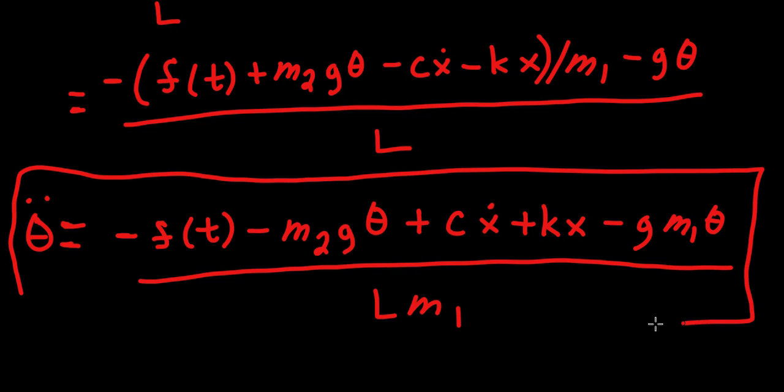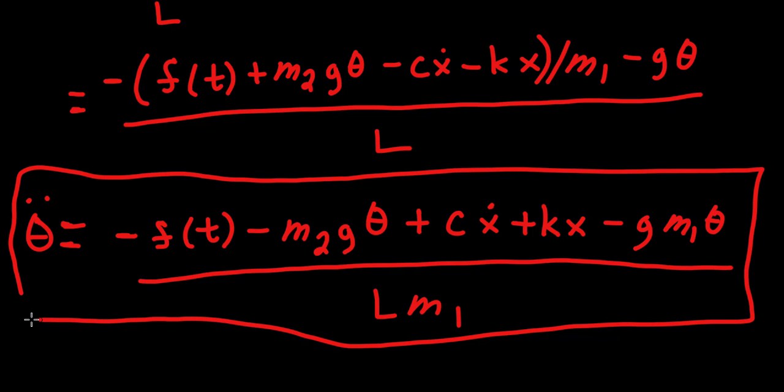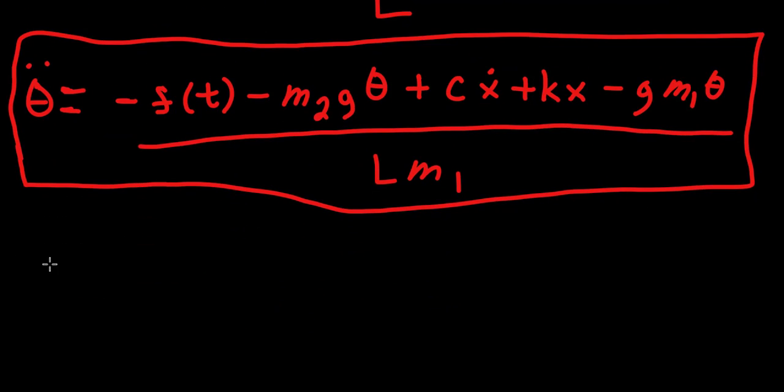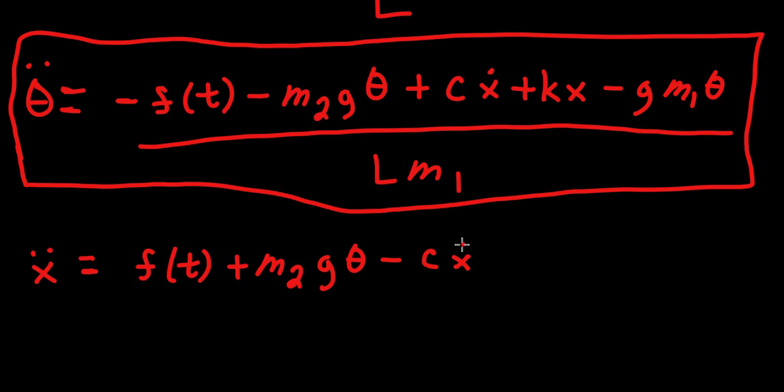Well, this is a box, but ignore that. Imagine it as a circle. Alright, so now we have the expression for theta double dot. We have the expression for x double dot. We had it earlier. I'm going to rewrite it again down here. It was f of t plus m2 g theta minus c x dot minus kx all over m1.